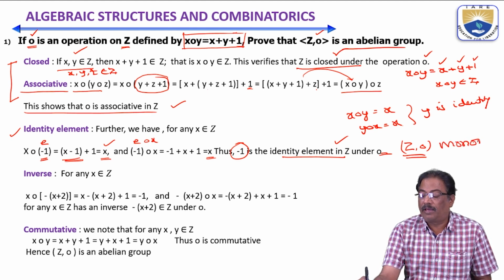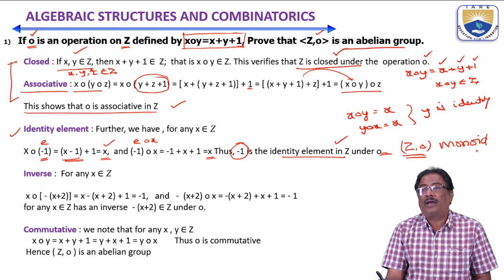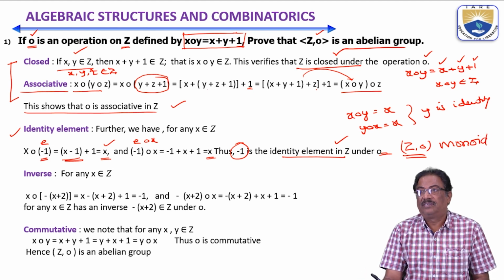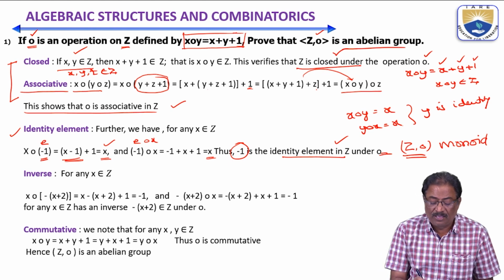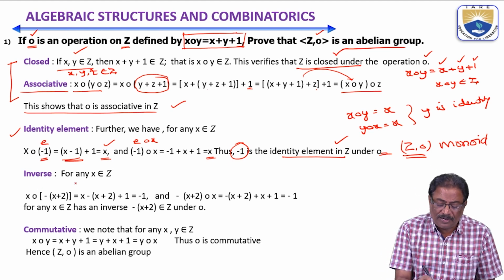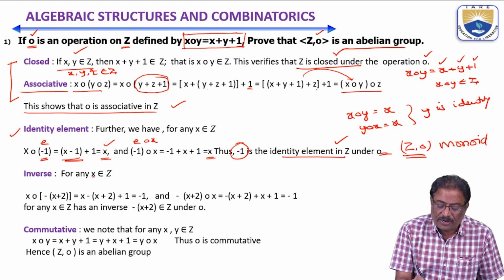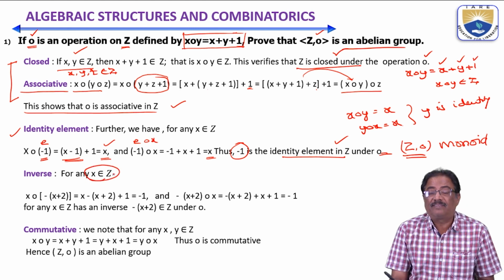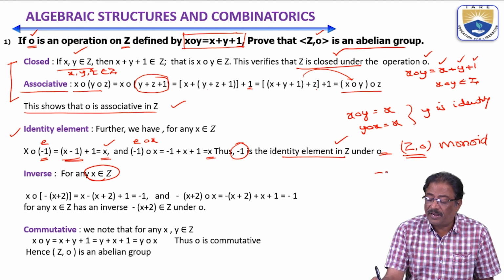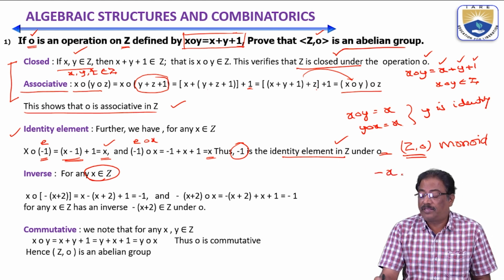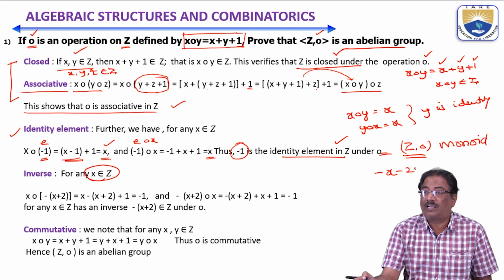Now, taking the monoid, if it has an inverse, then we say that the monoid is a group. So let us take any x belongs to Z. That means x is an integer, so minus x is also an integer. Then minus x minus 2 is also an integer.